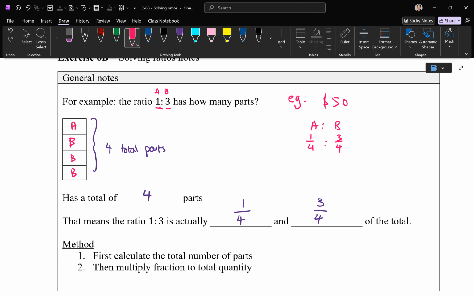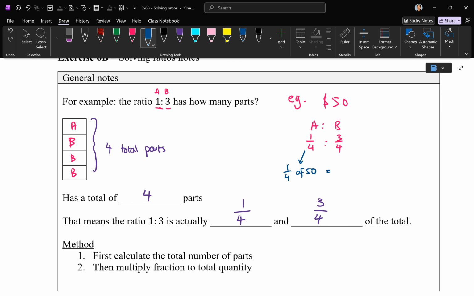So if we want to split $50 with a ratio of 1 to 3, we need to figure out what's a quarter of 50 and what's 3/4 of 50. Now, that language there is why I said get your calculators ready. How do we find a quarter of 50? How do we do that?